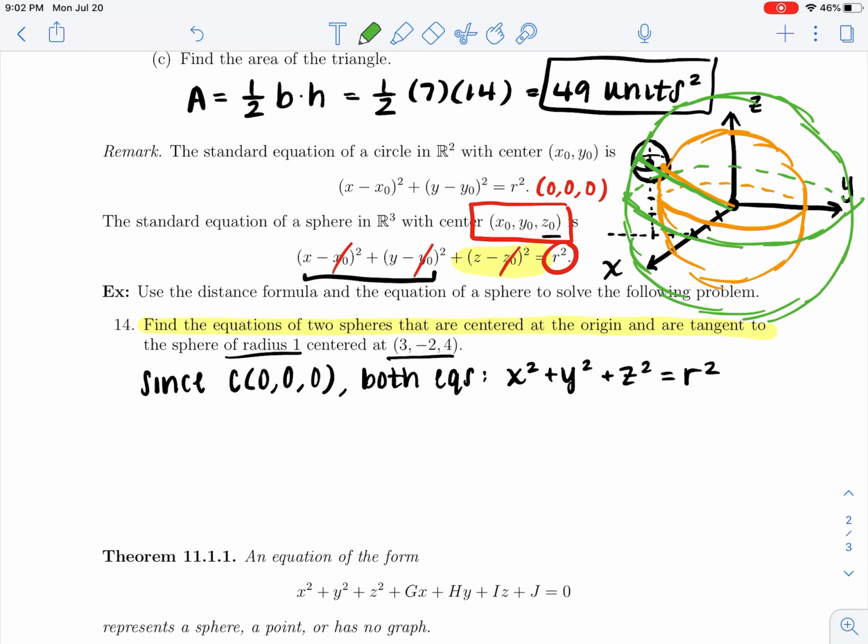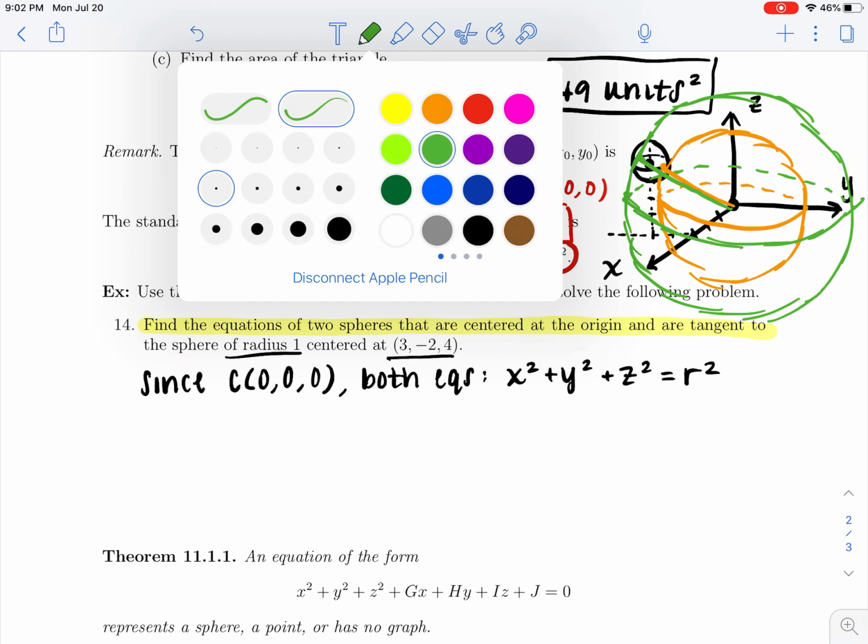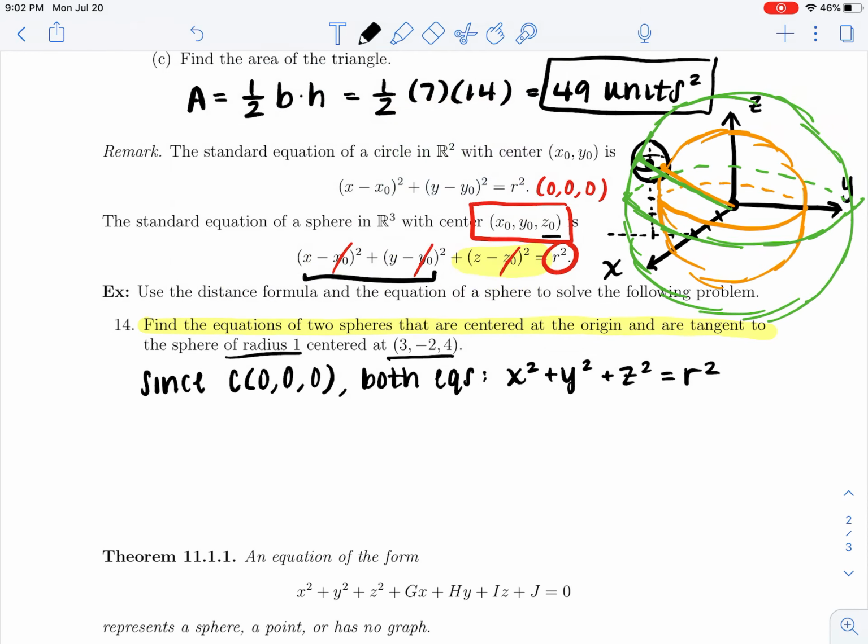Well, what we could do is find the distance from the origin to the center of the small sphere. Then we're going to add 1 to that distance to get the green radius, which is just going out to the other side of the black sphere, and subtract 1 to get that smaller radius, which is just coming in 1 unit to get the orange radius.